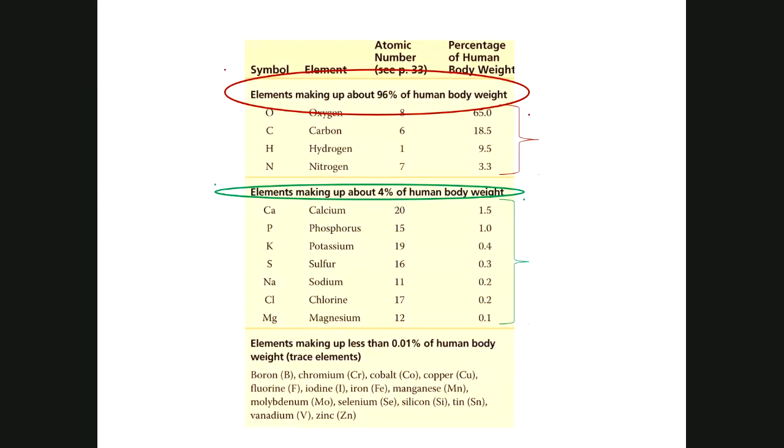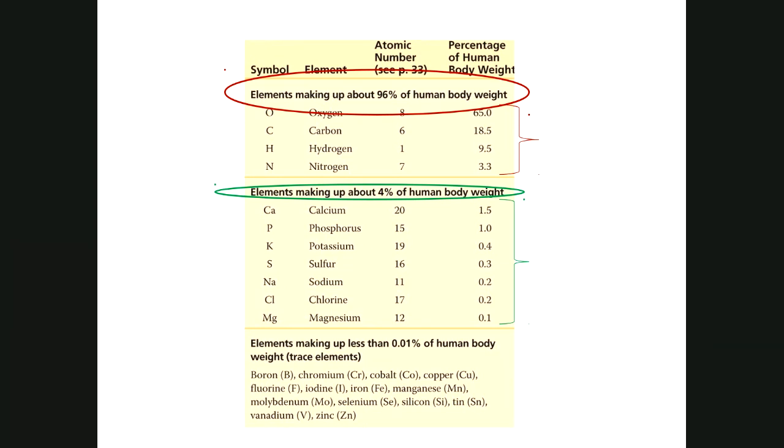They have some elements that must exist in the human body, but they represent what we call the trace elements. Those are required by the organism, but only in minute quantity, which means very, very low quantity.